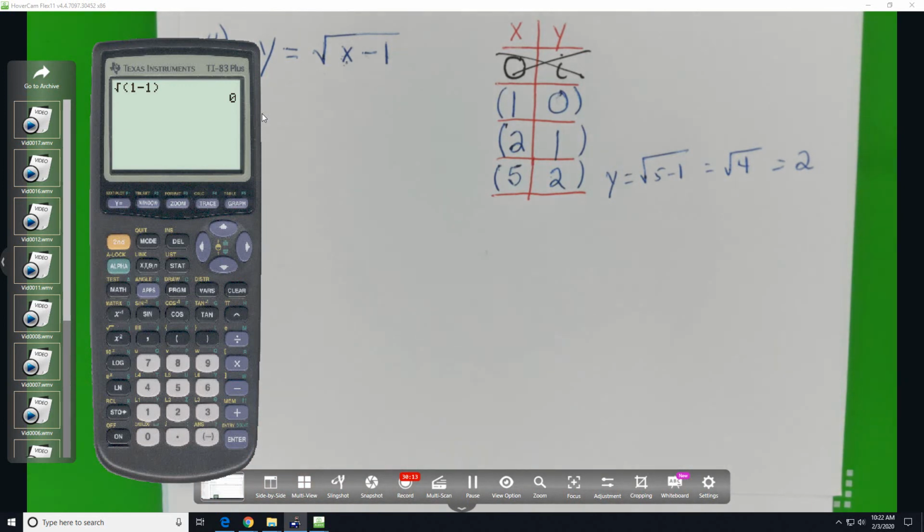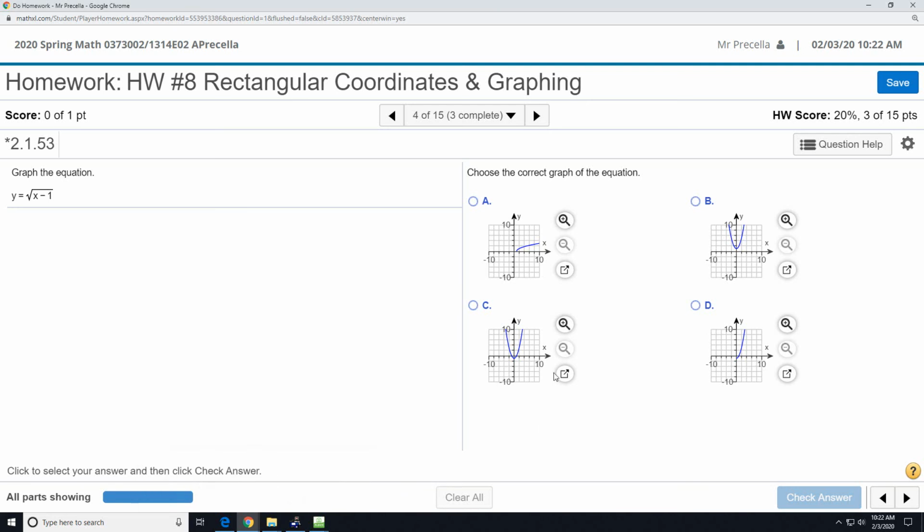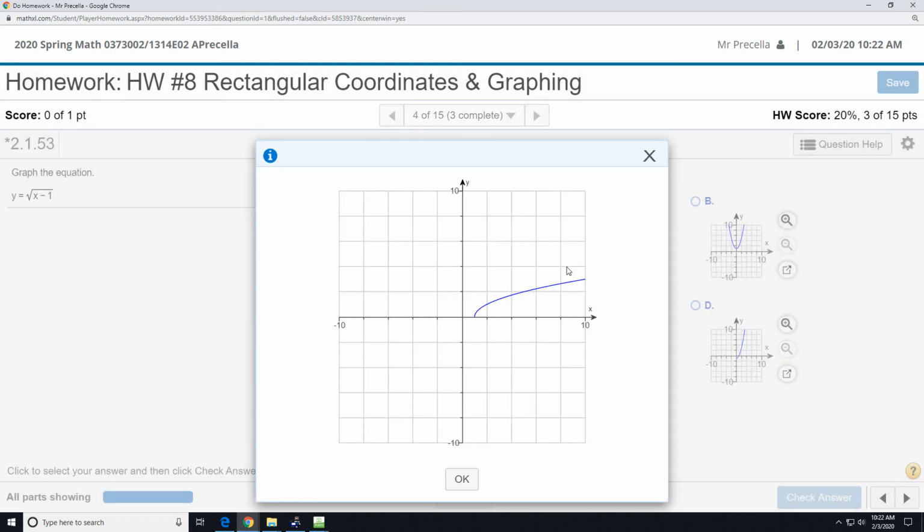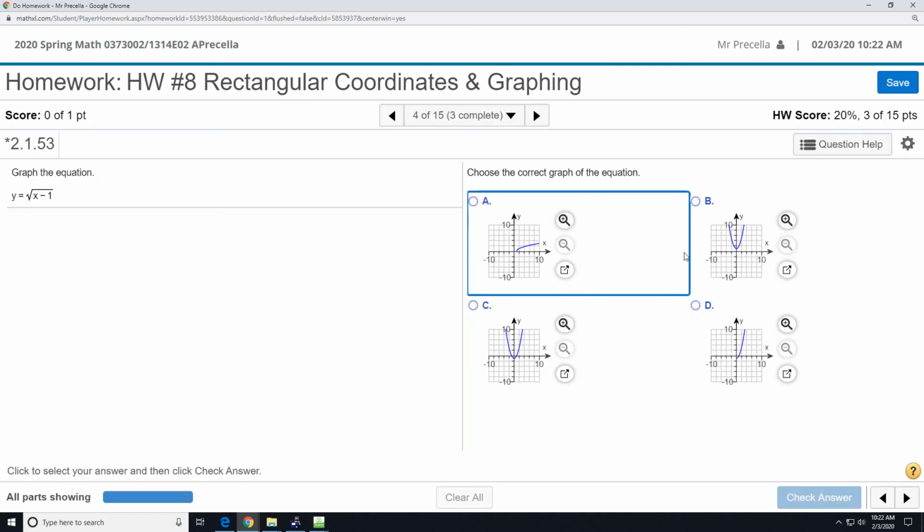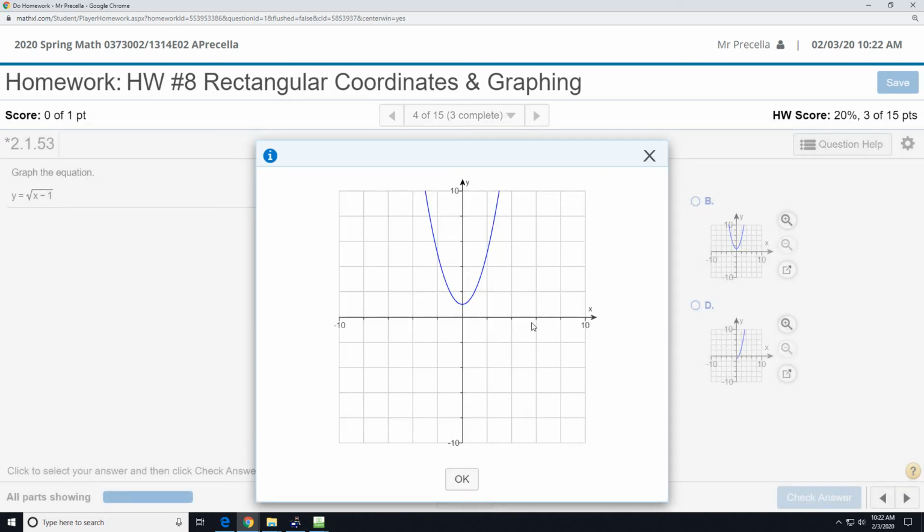Remember, this is multiple choice. We've probably found more ordered pairs than we need. Look at these ordered pairs and see which graph has those ordered pairs. Let's start with this one.